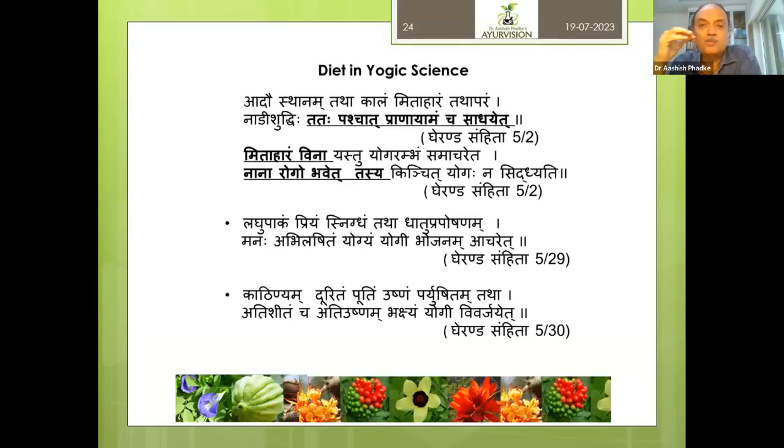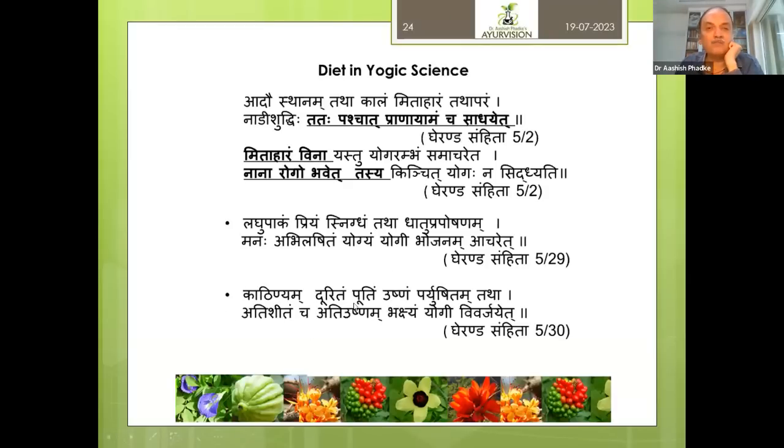And dhatu praposhanam, the one which has a sweet taste, will take care of rasadi dhatu, sapta dhatu, and then it will be good for you. And the one which is very nice, you get a nice feeling while eating those particular substances, not because you don't like it and just because it has been mentioned you should not eat. So mano abhilishitam yogyam, that part also should be kept in mind.